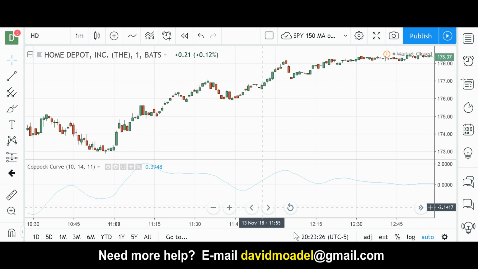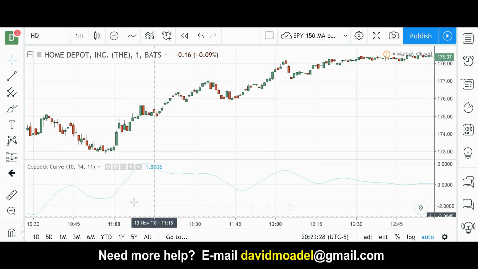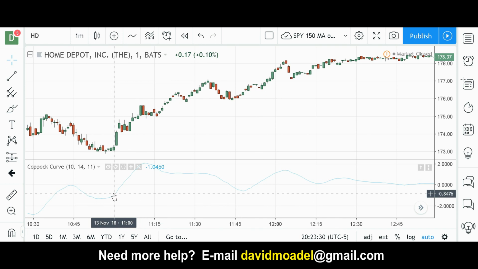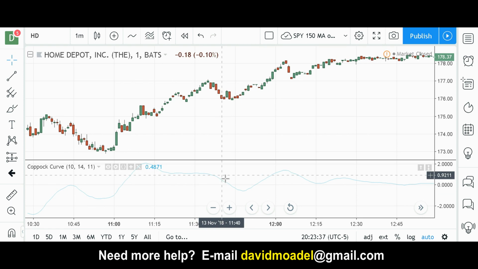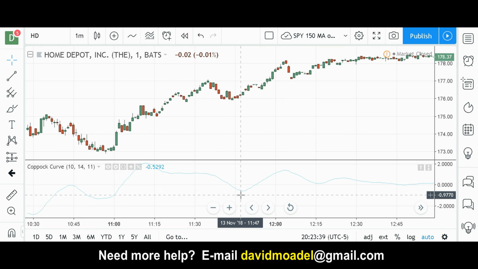And I suppose you could buy the stock if it's below the zero line and then clearly breaks above it. And then if you wanted to sell, you could wait until it's above and then clearly breaks below the zero line, and then you could sell if you want to. You probably would want to use this with other indicators because it is so simple and it doesn't give you a lot of information. It just tells you the general trend or direction. So it might not be enough for you unless you want something really simple, which it is.